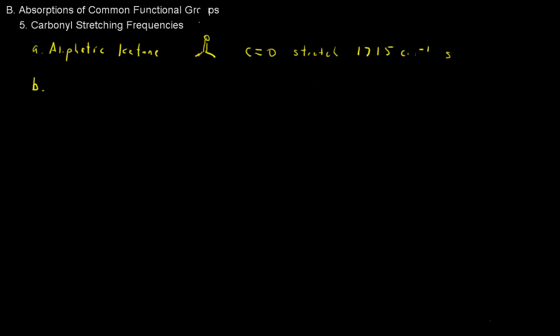The second one I'll mention is an aliphatic aldehyde. Aliphatic aldehydes, for example acetaldehyde, absorb in a similar region. Acetaldehyde is about 1730, and it looks very similar to what we saw for ketones. Next, we'll look at aliphatic esters.